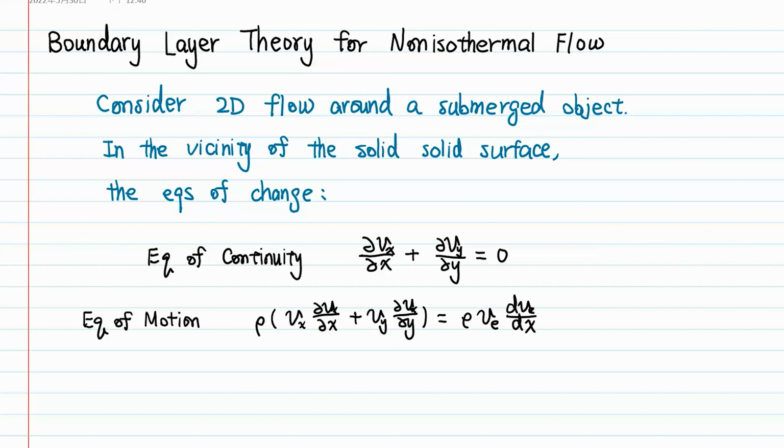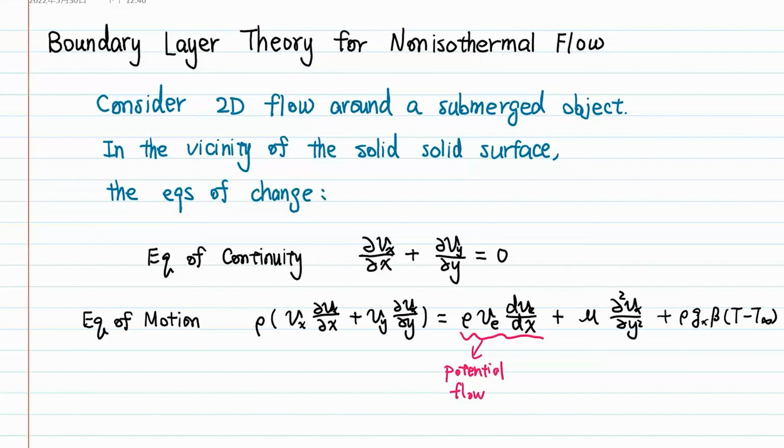This is from the potential flow, plus the drag force, so mu times partial square Vx partial y square. And now, because it's non-isothermal, we are going to put in the buoyant term: rho gx times beta times (T minus T infinity).